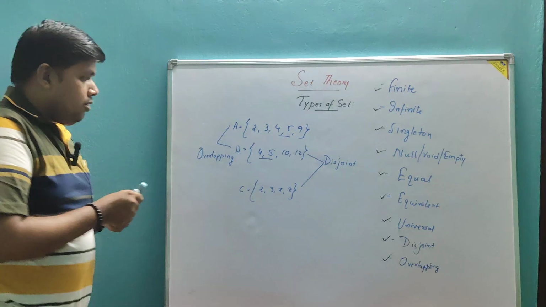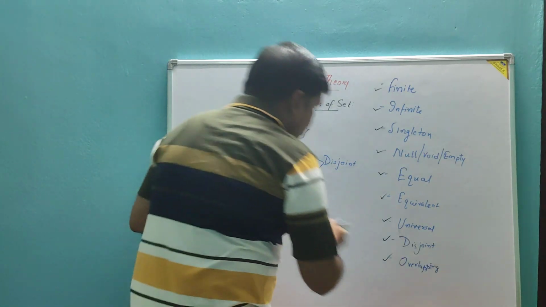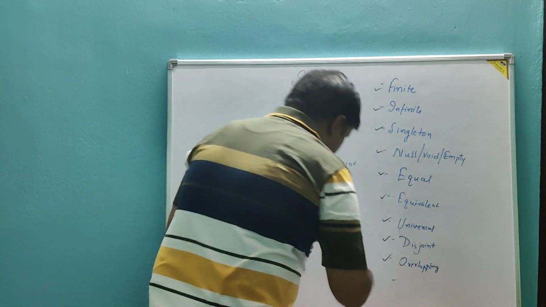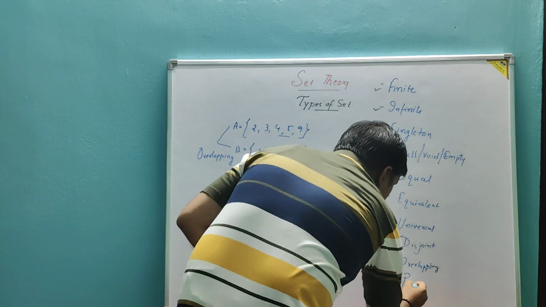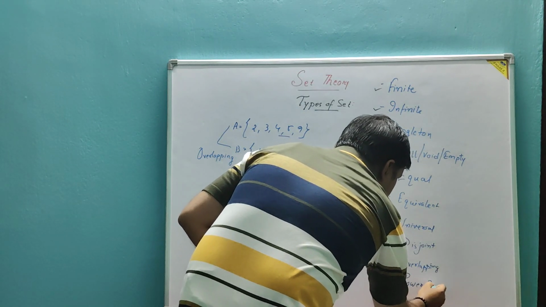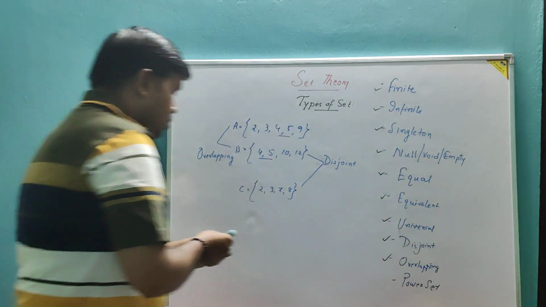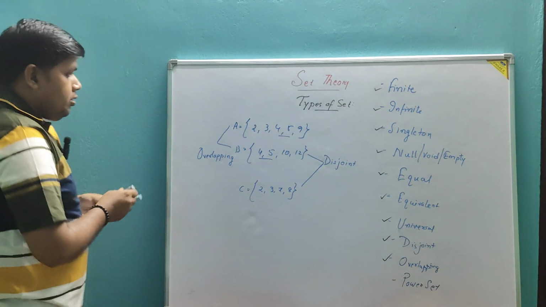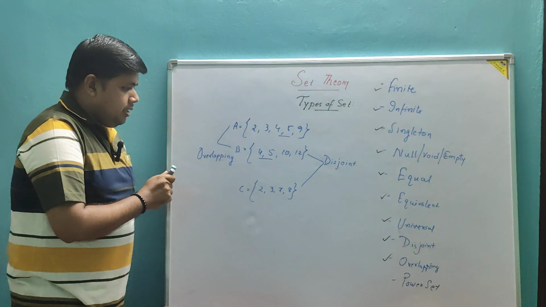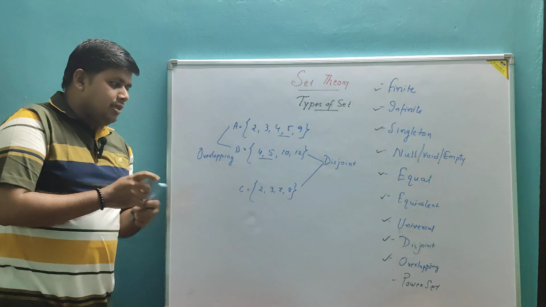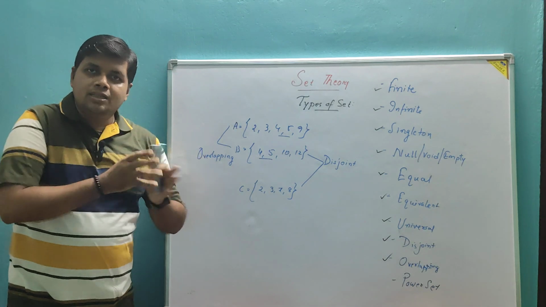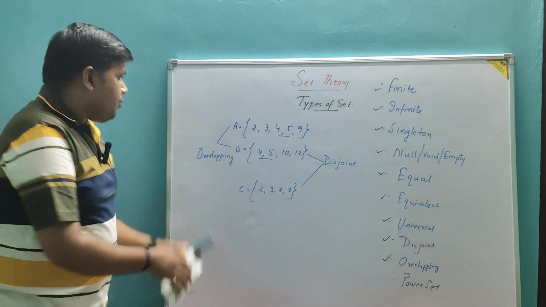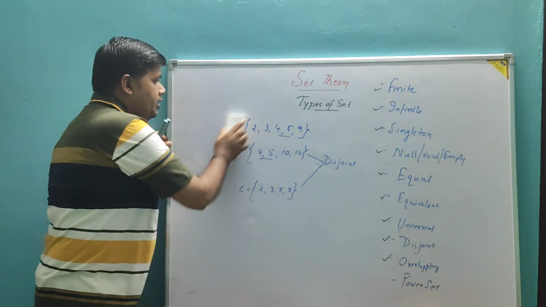Along with this, we have another set which is called the power set. The power set represents a set which contains all the subsets of a set.